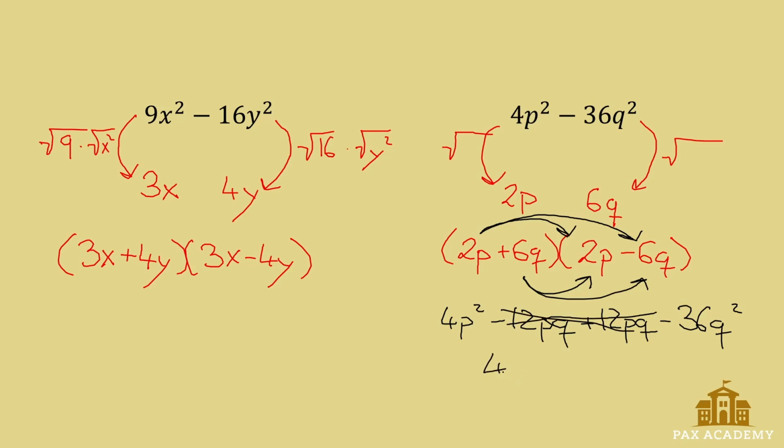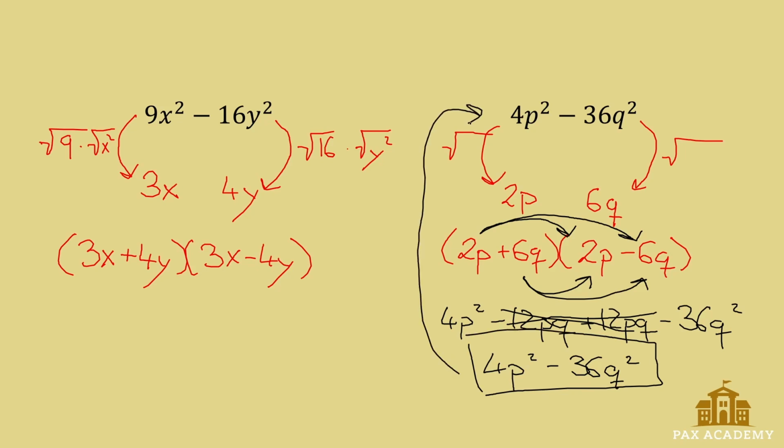And we're simply left with 4p squared minus 36q squared, which is the original expression that we factorized. So this is just to show you that this technique really works. And if you've done the factorizing correctly, you should be able to go from the brackets to the initial expression. If you don't get the same result, you made a mistake somewhere along the line.